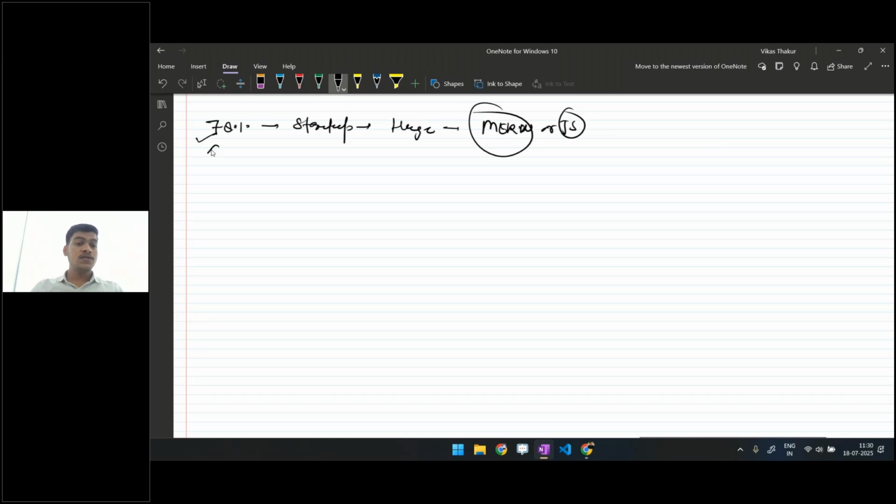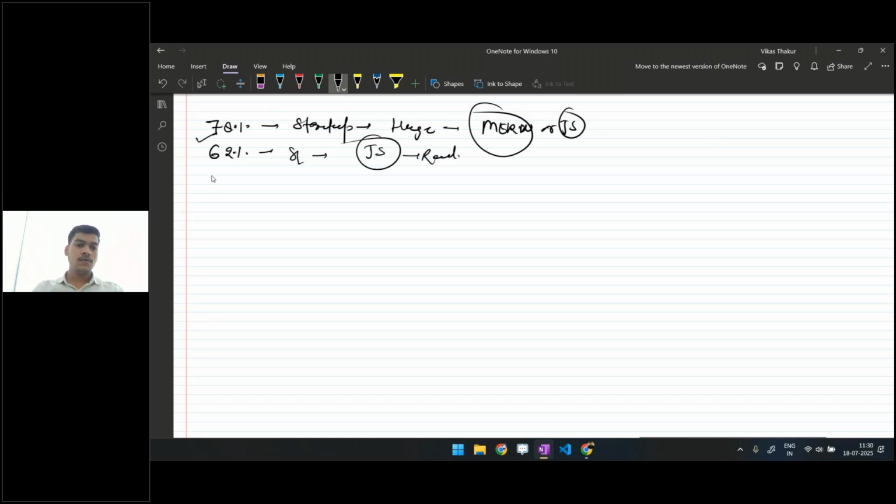Then 62% of revamped systems. That means previously the system was written in a different language. Now they are revamping it, rewriting it, and these kinds of systems are being written in JavaScript or React. The front end is being done in React. So 62% of the revamped or reboot systems have been written in JavaScript or MERN Stack.